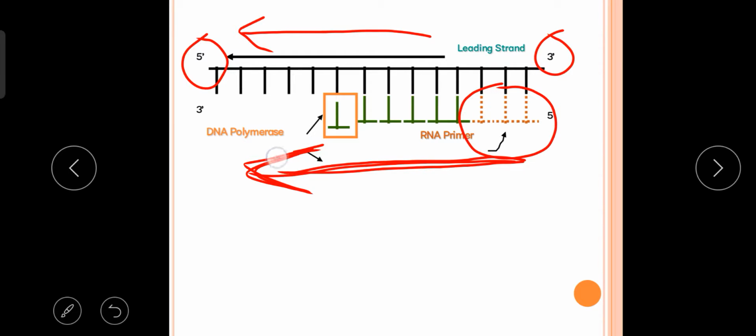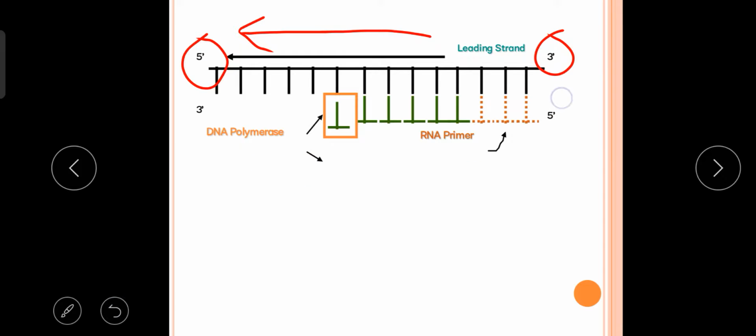That means the new DNA strand is always formed in the 5 prime to 3 prime direction, and you can see here, this is the 5 prime of the new DNA strand, this is the 3 prime of the new DNA strand. That means the chain will elongate in this direction.